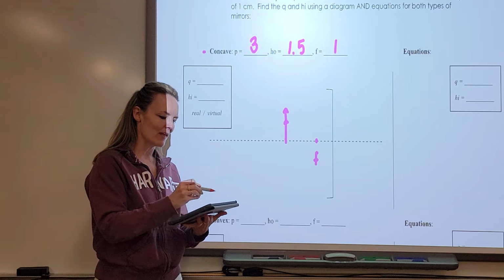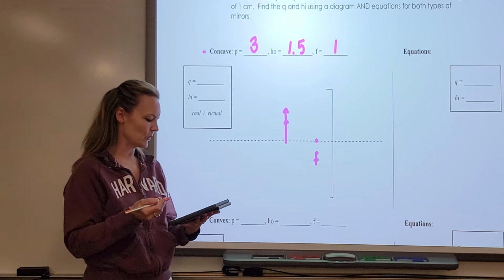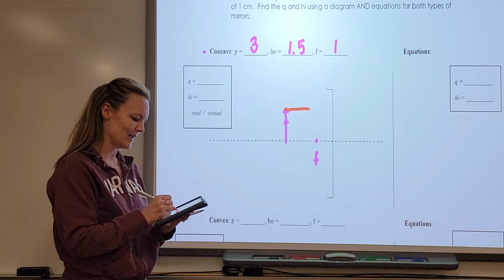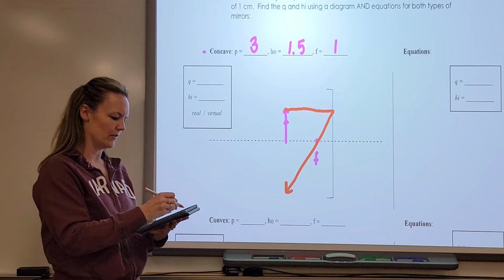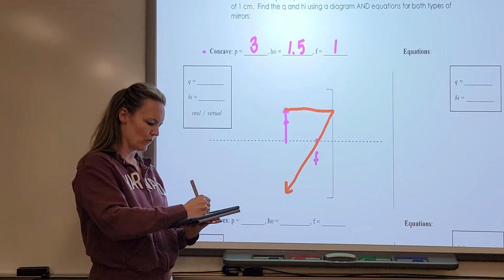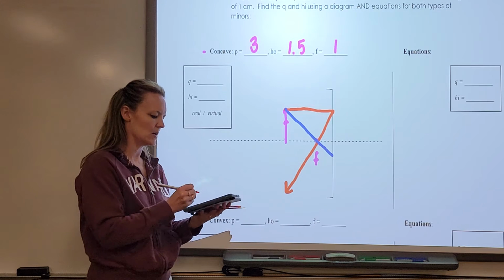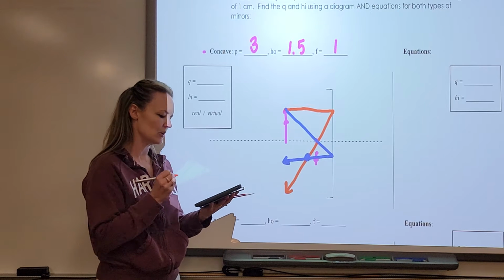Okay, once you have that, you are ready to run your lines. So quick reminder, first line goes straight until you hit the surface of the mirror. It then bounces off through the focal point. Second light ray goes through the focal point on the way to the mirror, and then it bounces back straight. The intersection point.